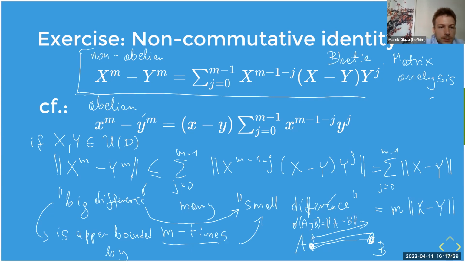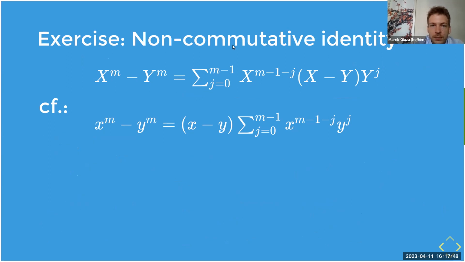The big distance is that we are creating here a bigger operator y^m, and here we have a small operator. So let me explain a little bit more about why I call this big and small.